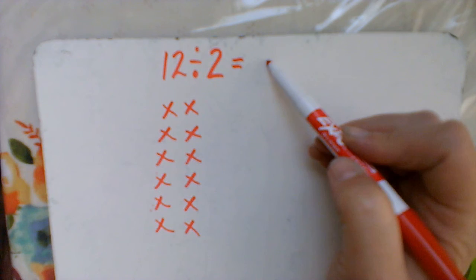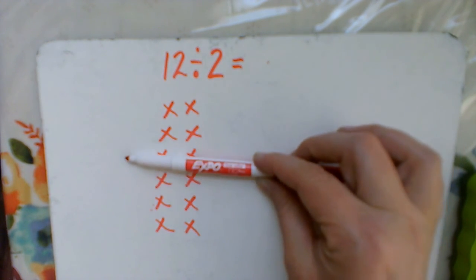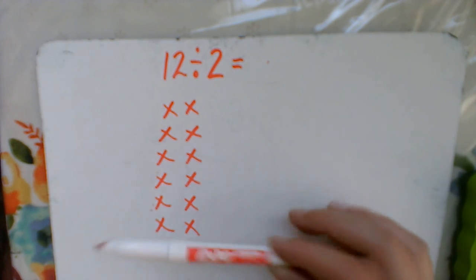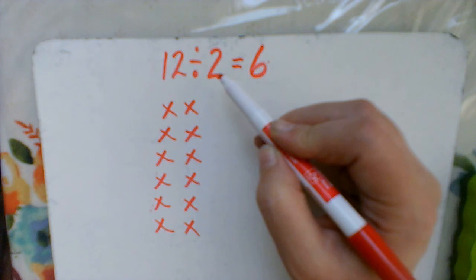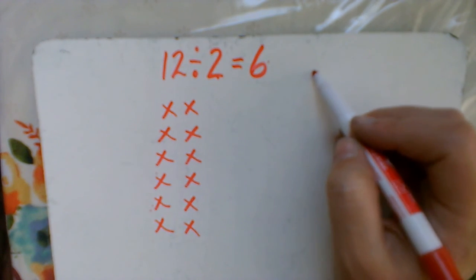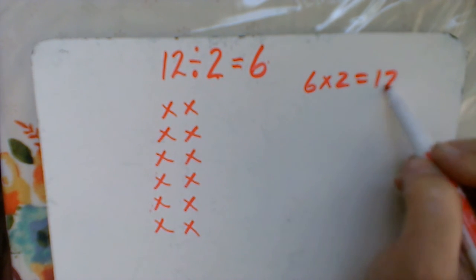And then my answer would be, well, how many rows did I make? 1, 2, 3, 4, 5, 6. I made 6 rows of 2, which equals 12. So the related multiplication would be that.